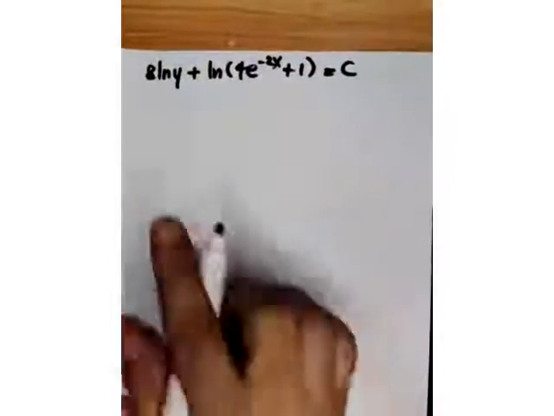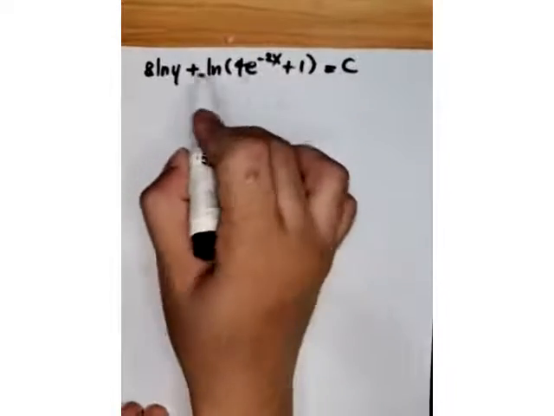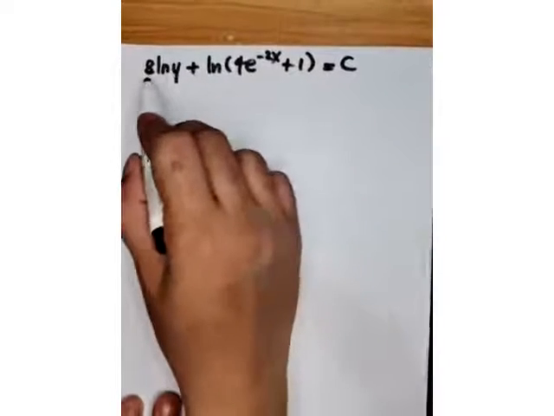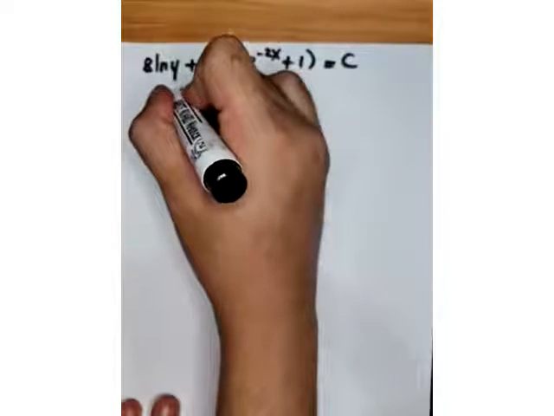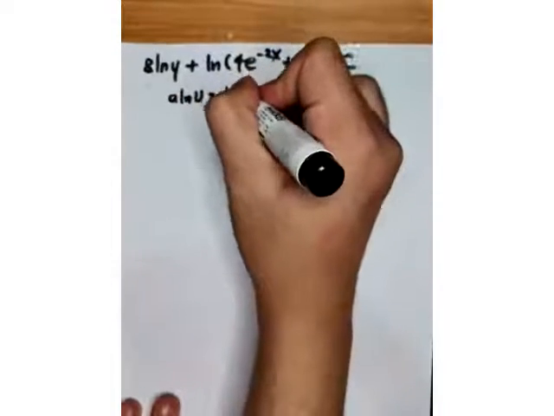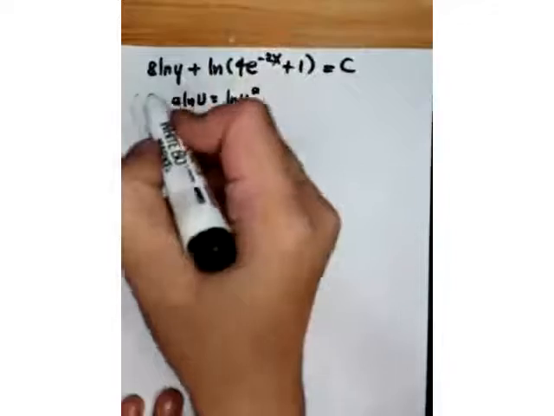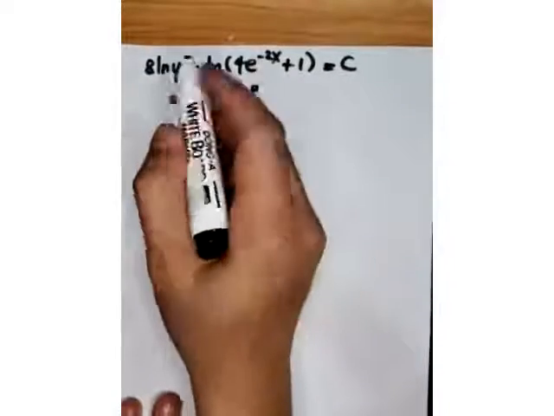Okay. So, let's simplify further. Since pareho itong ln, so we need to combine the two. Kaya lang meron akong 8 dito. So, remember, ang a times ln of u, that's equal to ln of u raised to a. Ayan. So, yung 8 gagawin nating power ng y.